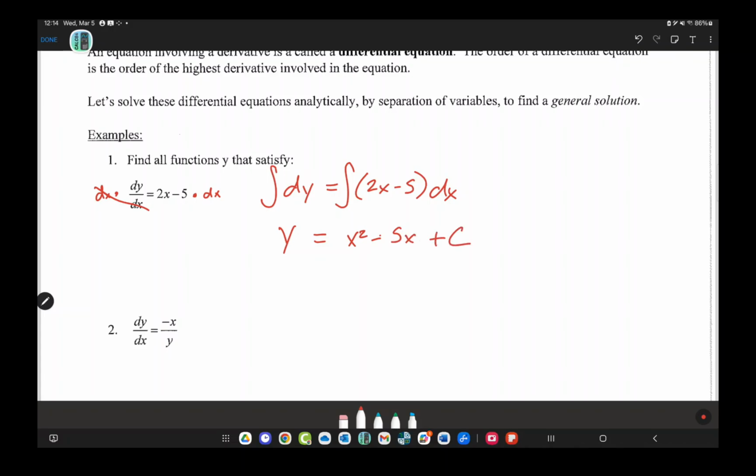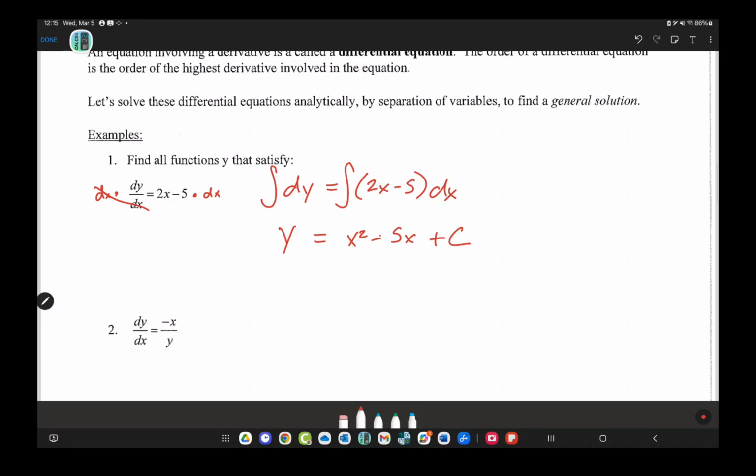The reason we only put plus c on one side is that we could add the constant onto the other side, and a constant plus a constant gives me a constant. So that's why we just add c on one side. This is what's known as the general solution, because my answer could have any constant in there, and it would still work.